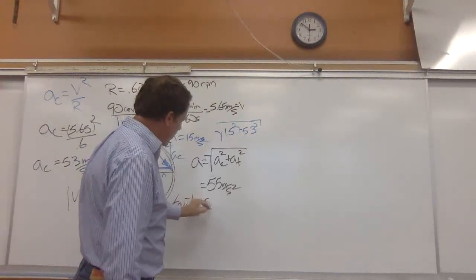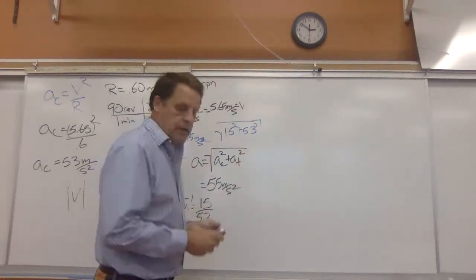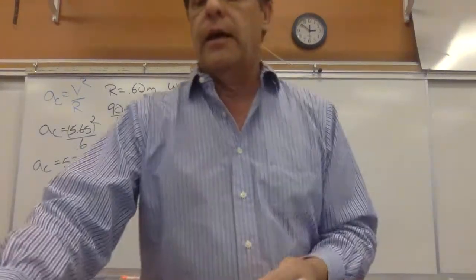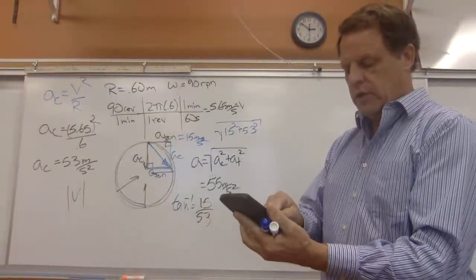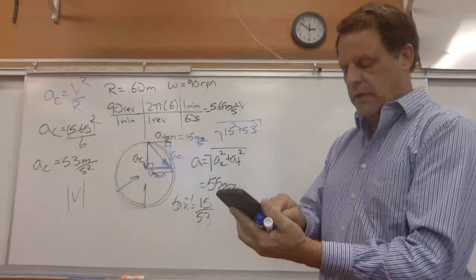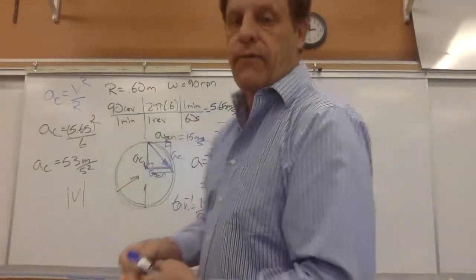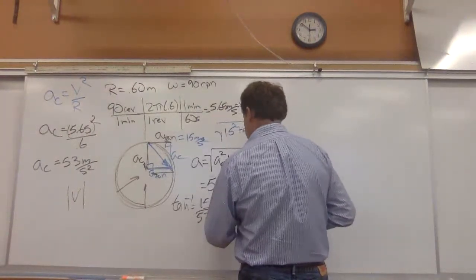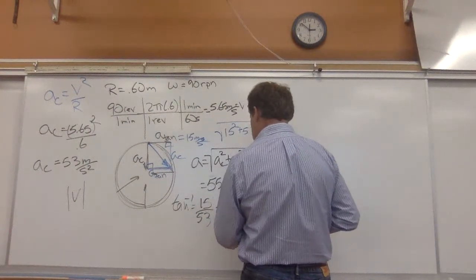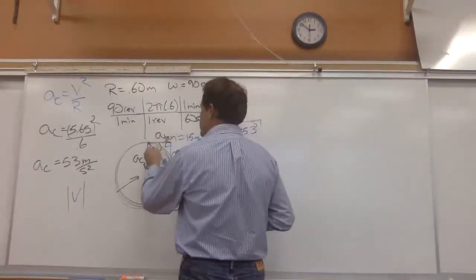So we can go 15 over 53, inverse tangent of 15 divided by 53. That's going to give us 15.8. So we'll call it about 16 degrees.